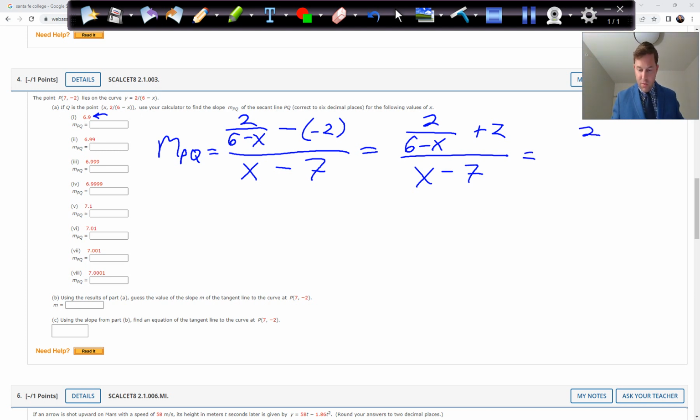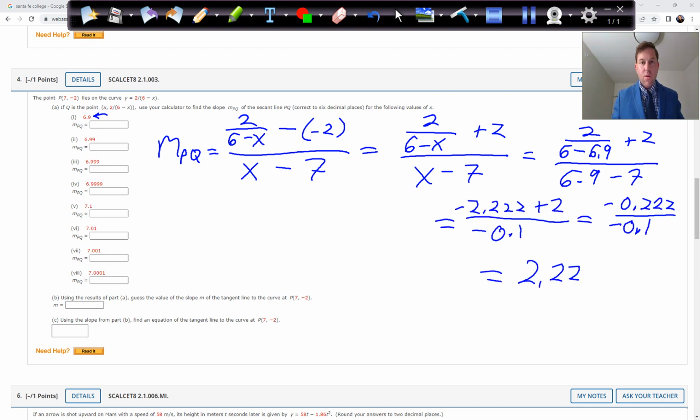This would be 2 divided by 6 minus 6.9, plus 2, all over 6.9 minus 7. And that is going to equal, okay, if you reconcile the top, this fraction turns out to be negative 2.222.